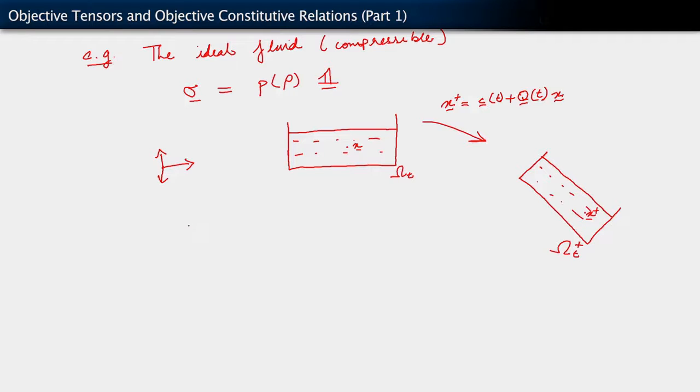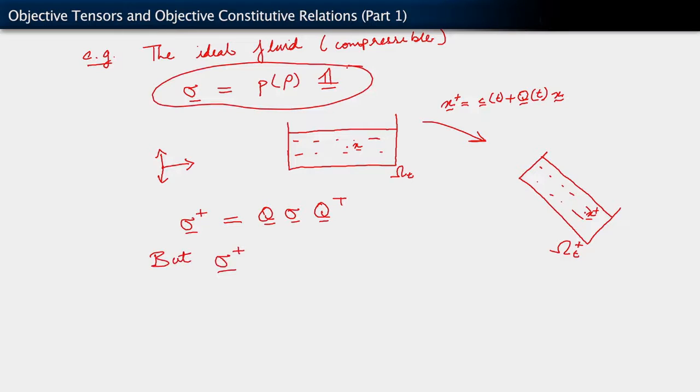So under this situation, in general, the stress components after the translation and rotation are going to look different. And what we are told is that we need to have sigma plus equals q sigma q transpose. This is what we know about the stress tensor, because it is a tensor. On the other hand, we already have a constitutive expression for sigma plus. So we could just evaluate that constitutive relation.